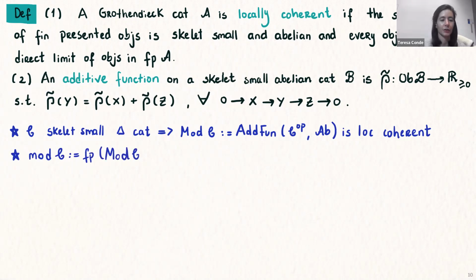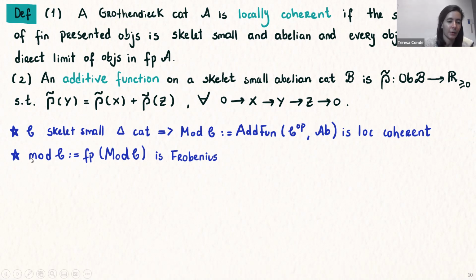Moreover, not only is the category of finitely presented objects here abelian, that just comes from the definition of locally coherent, it is actually Frobenius.